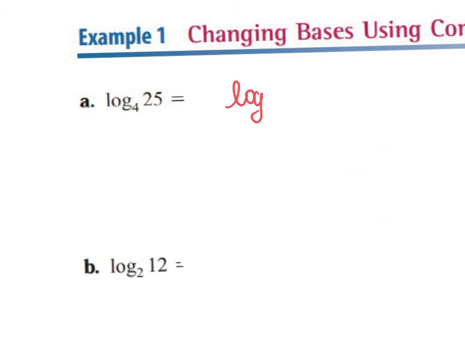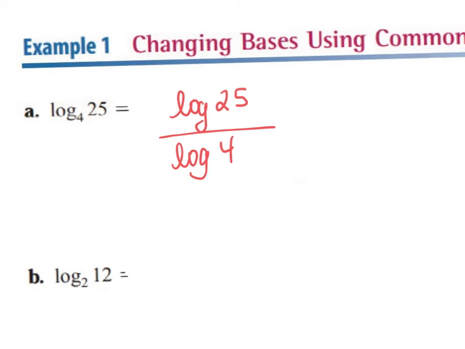And it's log of the number. So log 25. Then you hit divided by log of whatever the little base is. And then you hit enter in your calculator. That's it. It's log of the number and then log of the little base. And that changes it for us.